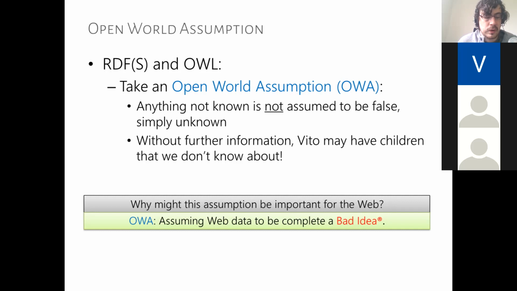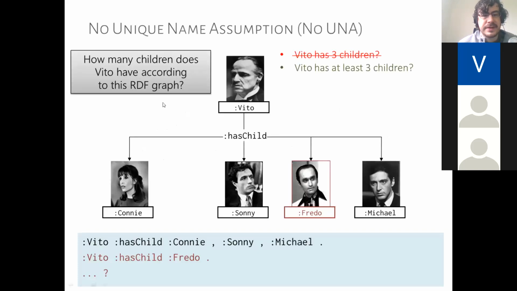That's sort of a local closed world assumption. And there's some work in that direction, but in general, the most general setting here for RDFS and OWL is to take the open world assumption. And this has some implications for what we can infer or entail from certain OWL or RDFS definitions. So this is the first thing.